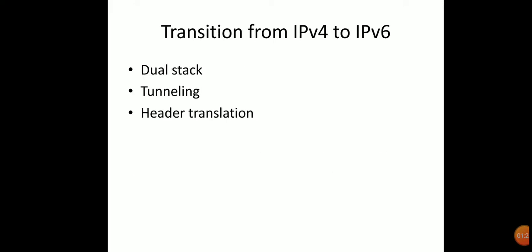Now we have to study the transition from IPv4 to IPv6. Three techniques are followed for the transition from IPv4 to IPv6: dual stack, tunneling, and header translation. What is the dual stack?